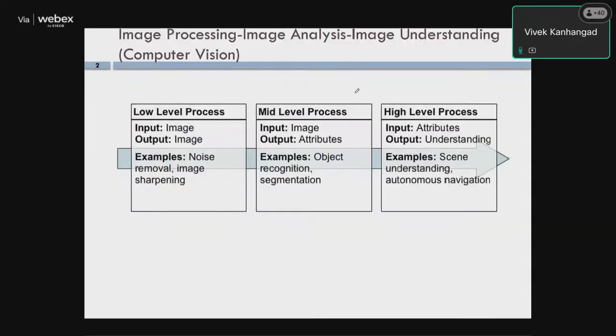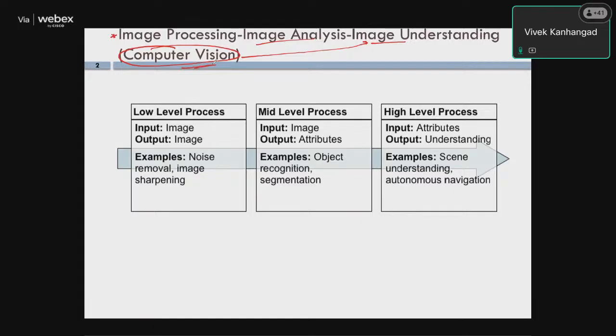Before we try to understand the concepts, let's look at image processing, image analysis, and image understanding, which is what computer vision is; it's a nicer name for image understanding. These terms are widely used in the literature.